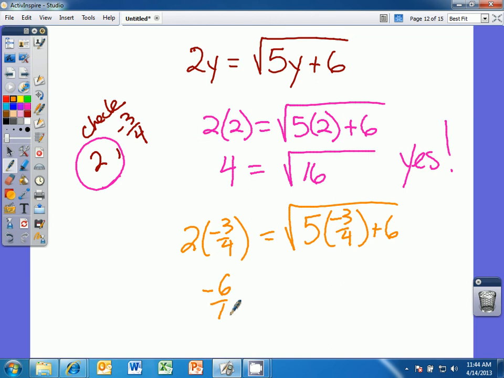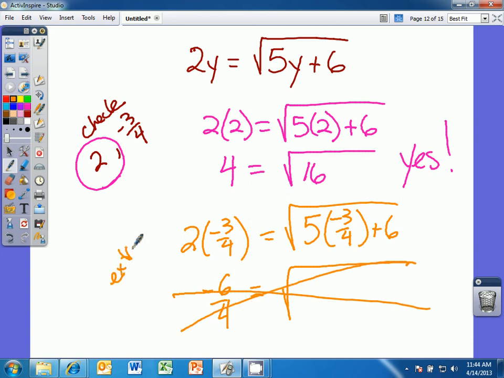I have a negative answer being equal to a radical expression. At this point, I can say this is extraneous because I cannot have a negative answer to a radical expression, not in the real number system.